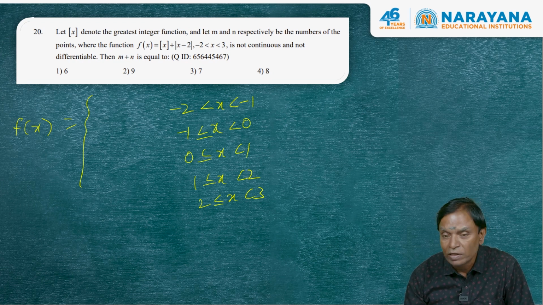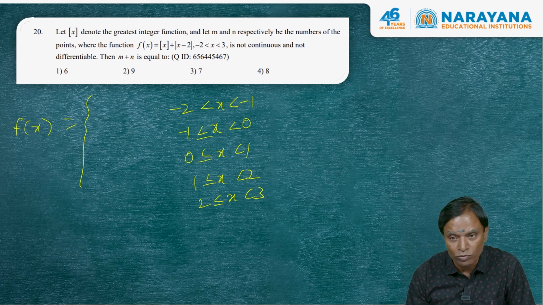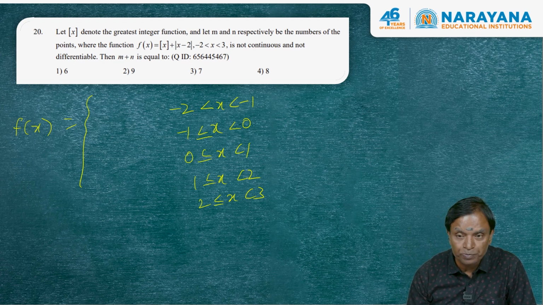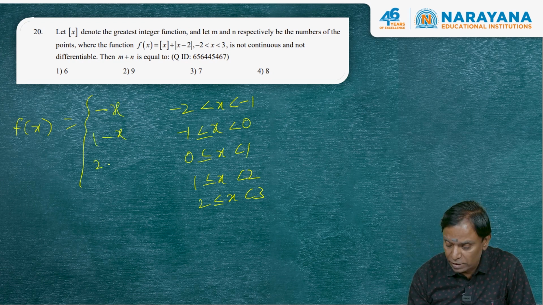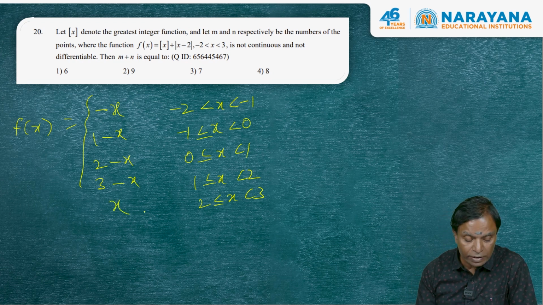Till here, mod of x minus 2 will be 2 minus x. From 2 to 3, mod of x minus 2 will be nothing but x minus 2. So your function will become minus x, then 1 minus x, then 2 minus x, 3 minus x, and then x.